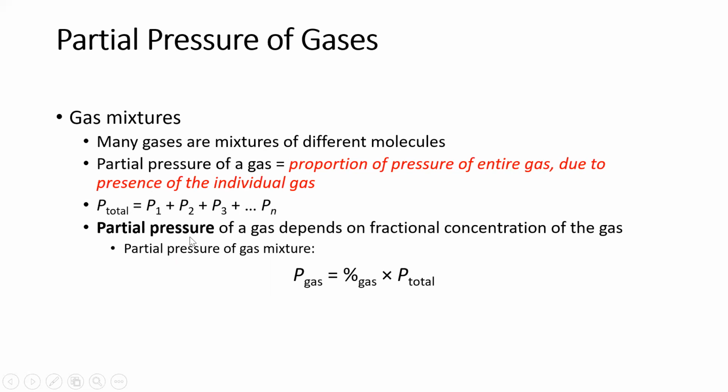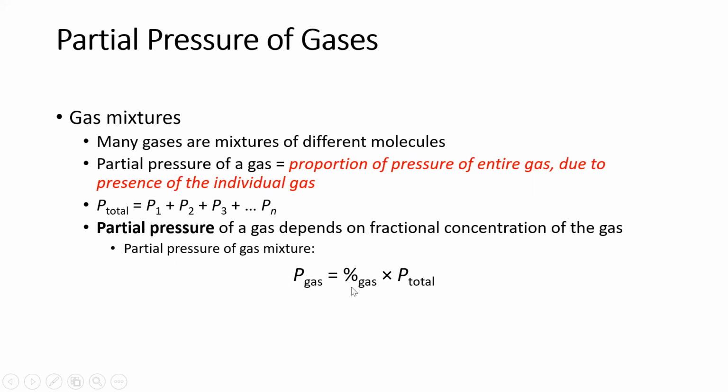Now, how do we find the partial pressure of an individual gas, right? How do we find this P1, P2, P3? We simply multiply the percentage of that gas by the total pressure of the mixture, okay? So for example, if we're thinking about the partial pressure of oxygen, we're going to think about the percentage of the entire mixture that's made of oxygen.